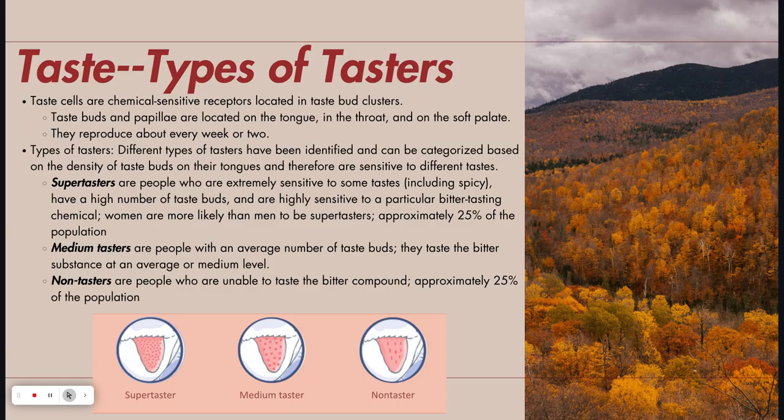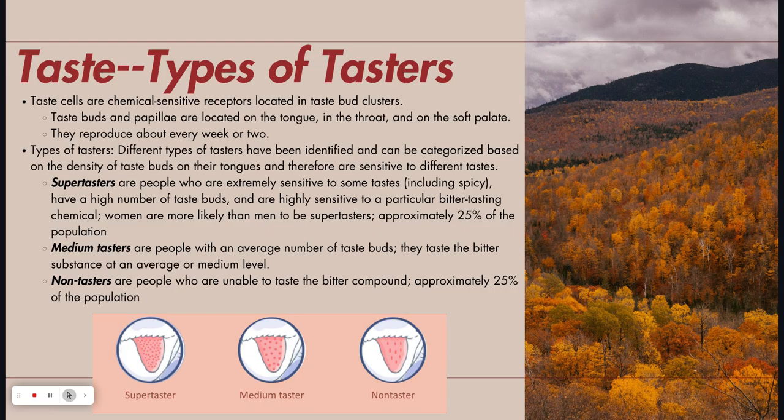People have been categorized into three different types of tasters based on the density of their taste buds. And what that means is there are some people that have a really concentrated number of these papillae, meaning these taste buds. And these people would be known as super tasters.